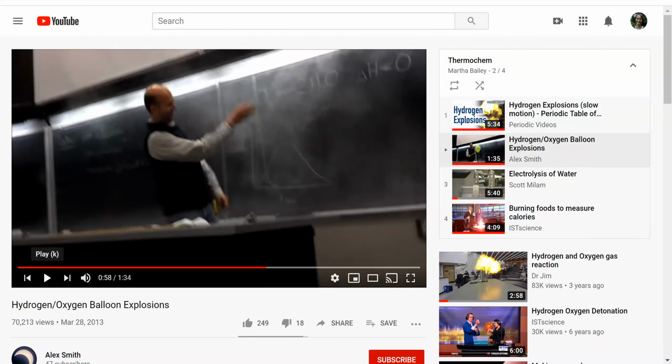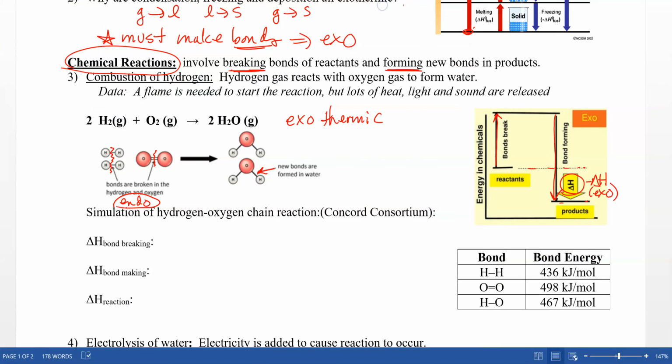Okay, so let's go back to our notes. So anyway, the reaction is very exothermic, releases lots of heat. And so the reason is because the energy it takes to break the bonds is not as much as the energy that you get back when you form the bonds, right? So remember, it's endothermic here, positive delta H to break all the bonds. So we're imagining we're going to break all those bonds, and then you're going to make all the new bonds between the hydrogen and oxygens, and it must be that you're getting more energy back.